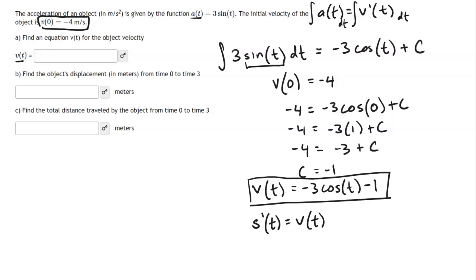So if I want to find the displacement of our object, then we can take the antiderivative of s'(t), and that would give us our position, which is the same thing as finding the antiderivative of our velocity.